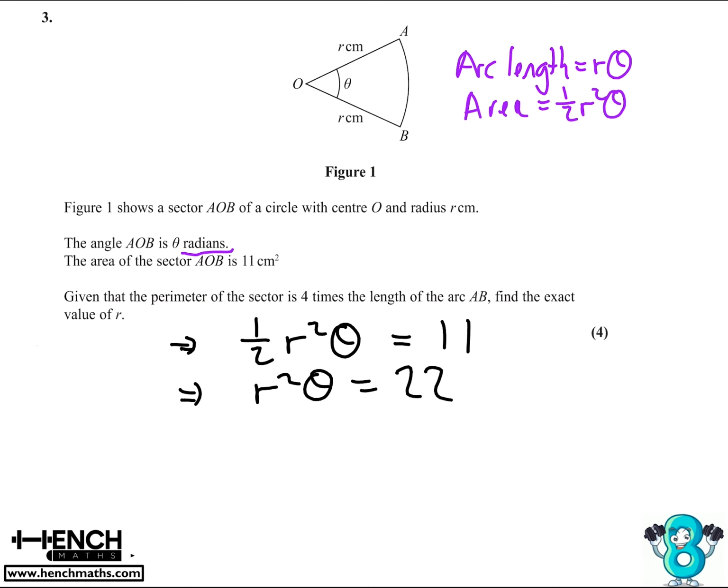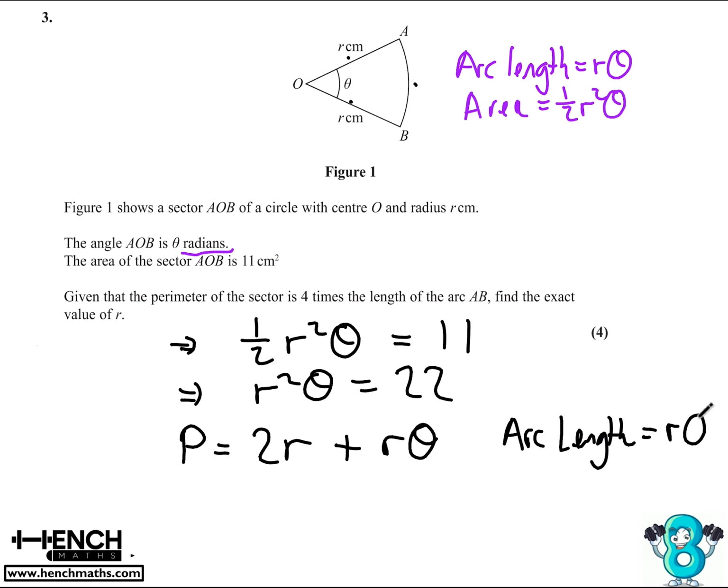We also know that the perimeter is 4 times the length of the arc. So the perimeter would be equal to 2R plus the arc length, which is R theta. The arc length itself will be R theta.